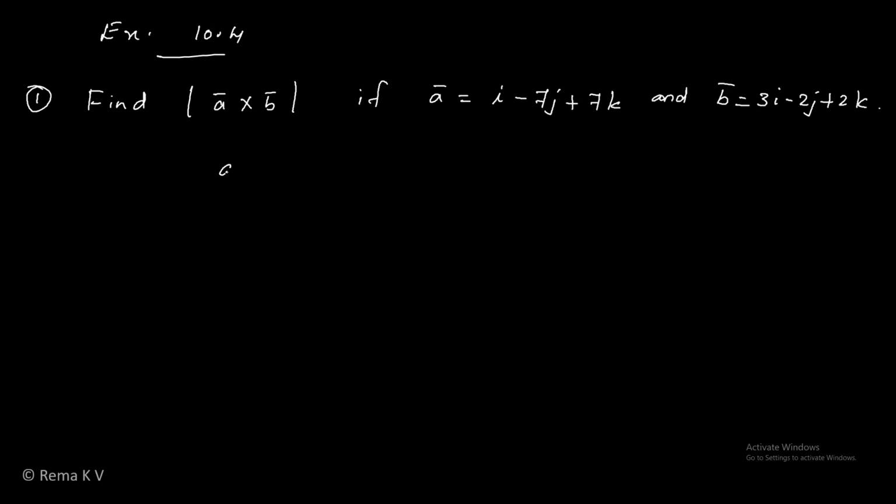So first we have to find a cross b. To find this, the determinant i, j, k, the scalar components of vector a, 1, minus 7, 7. Then vector b, the scalar components are 3, minus 2, 2.